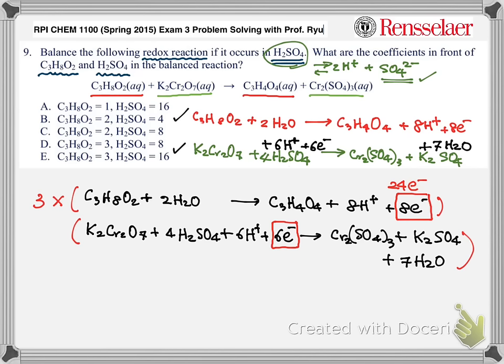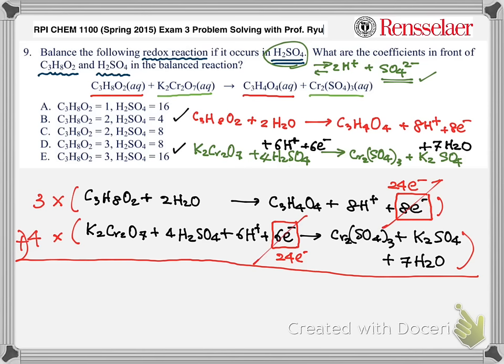The whole second equation is multiplied by 4, which makes it 24 electrons. So that's the closest common number, found by multiplying those numbers, and then we just add them together. By doing it, this is gone. So this is really the objective, to get rid of the electrons.